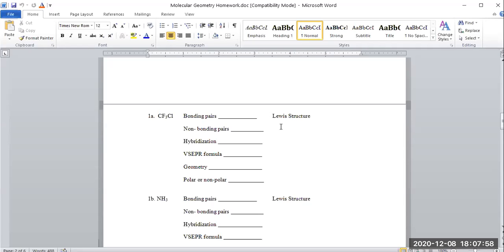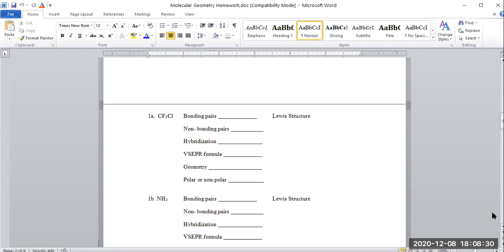How many non-bonding? What is the hybridization? What is the VSEPR? You can use ABs or AXs, it doesn't really matter. What's the geometry? And then is the molecule polar or non-polar? So remember, sometimes you have polar bonds in a non-polar molecule if you have a really, really super symmetrical molecule.